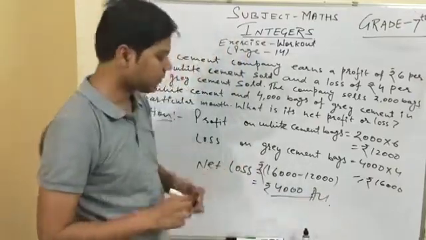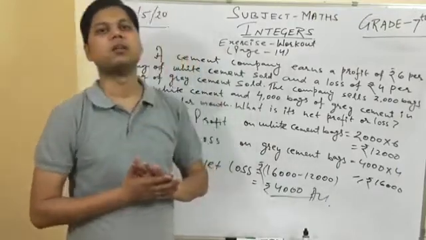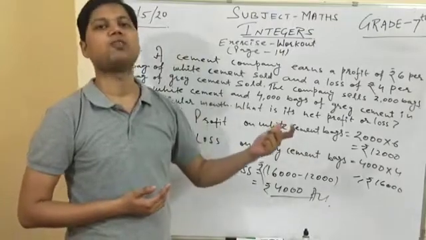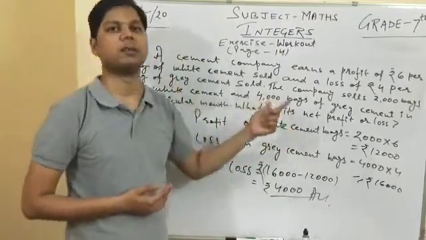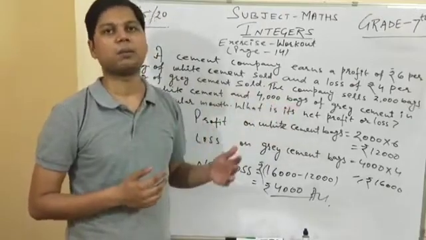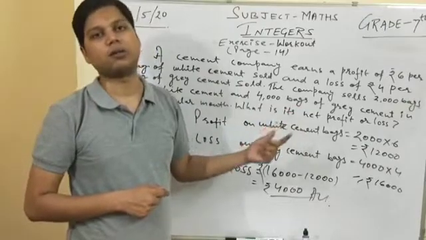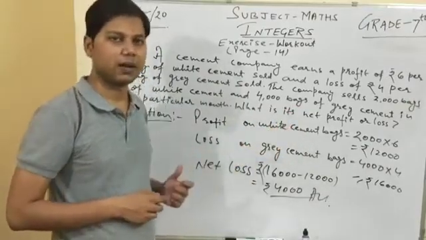Let's see once again. The company earns a profit of rupees 6 per bag of white cement sold and a loss of rupees 4 per bag of grey cement sold. Now in a particular month, the company sold 2,000 white cement bags and 4,000 grey cement bags.